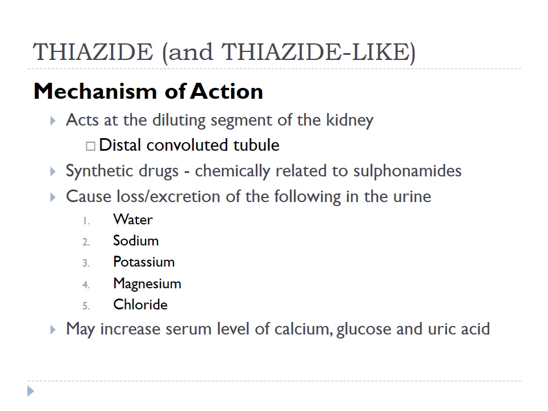Okay, so it's a synthetic drug, causes loss or excretion in the urine of water, sodium, potassium, magnesium, and chloride. It may artificially increase the level of calcium, glucose, and uric acid, but this is what it does. And look what it is related to: sulfonamides. Oh my God.